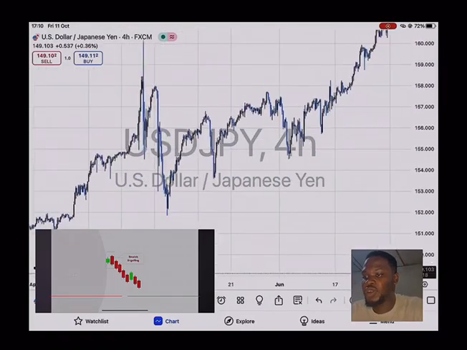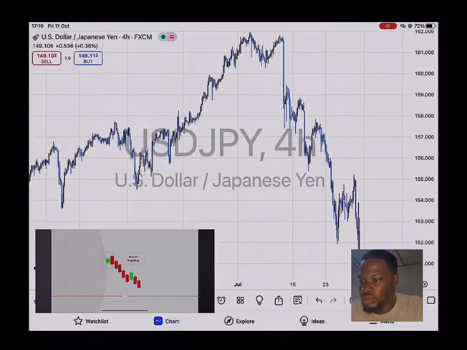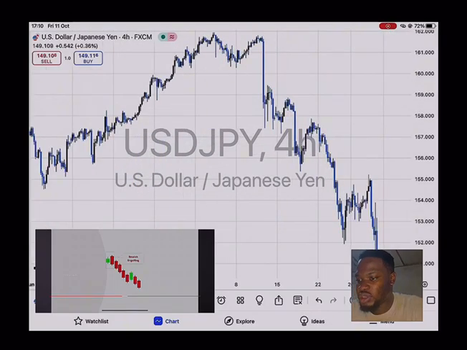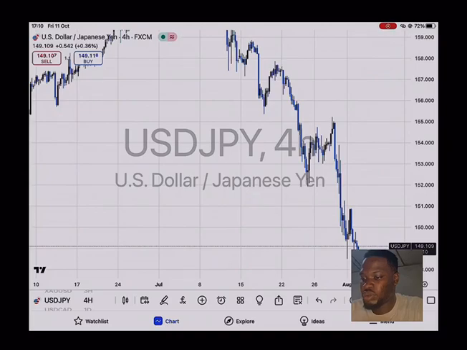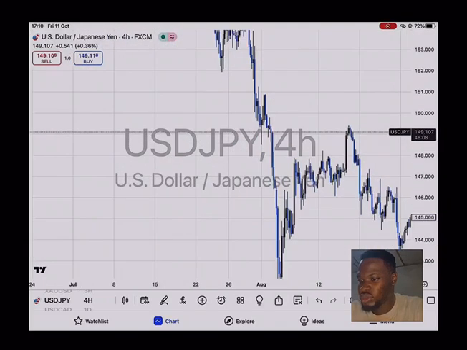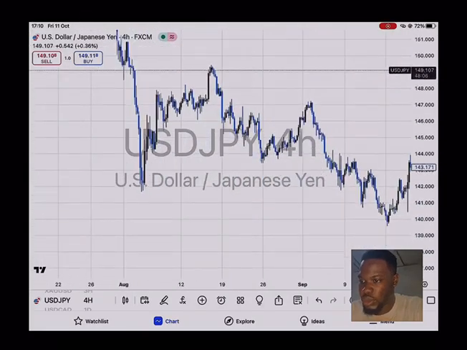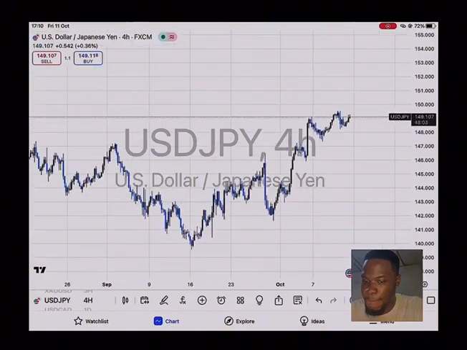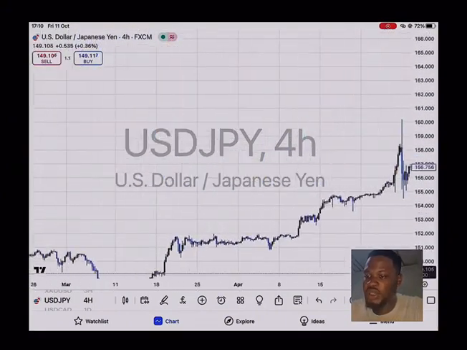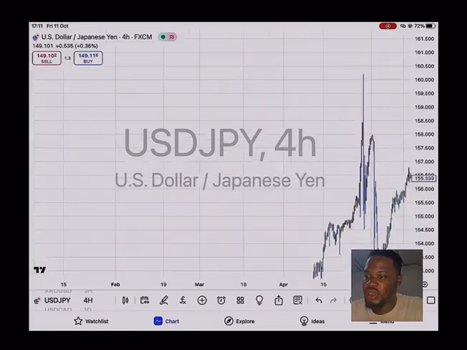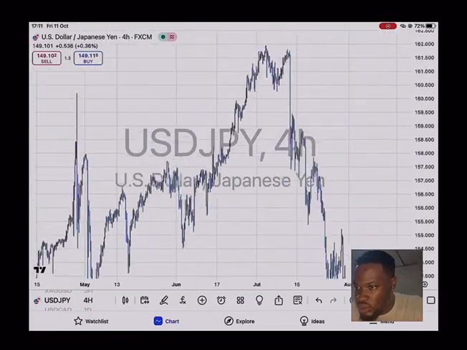So now let's look for a very good example of a bearish engulfing candlestick. Let's look for a market that was trending up and then started reversing to the downside.